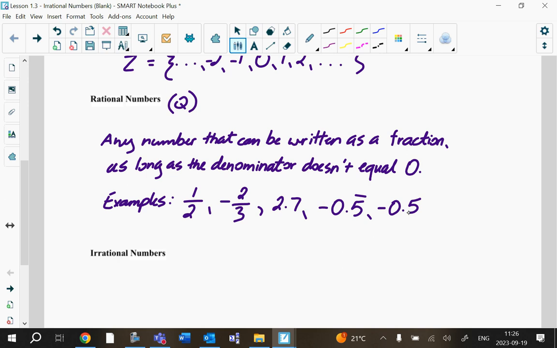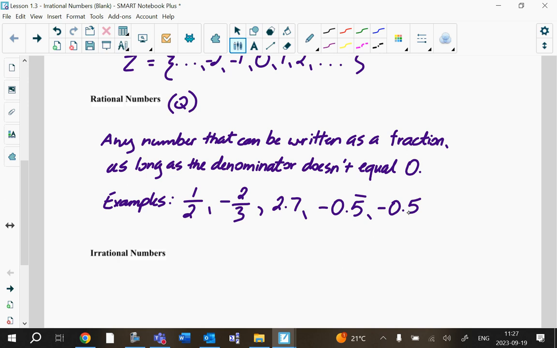What about all the numbers above? Are they also rational numbers? Like, is the number 7 a rational number? Why? Because you can write it as the fraction 7/1.